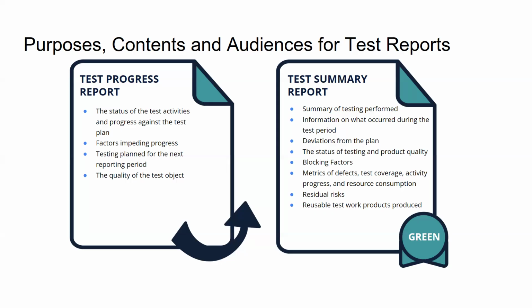What were the metrics of defects, test coverage, and resource consumption, etc. All the things that we have done: what test coverage we achieved, how many defects we have raised, how many S1 defects we have resolved, how many defects we retested, like that. These many defects are open. All those details can be mentioned in the summary report.